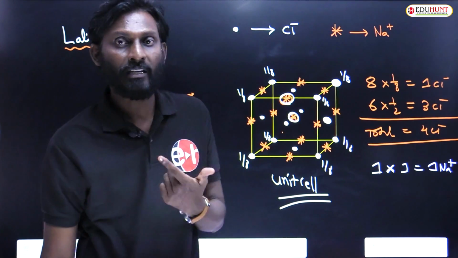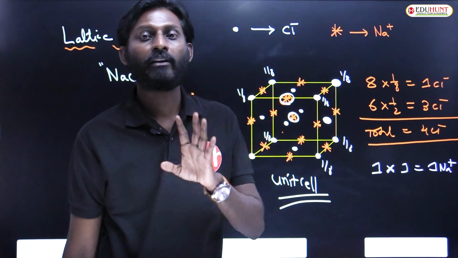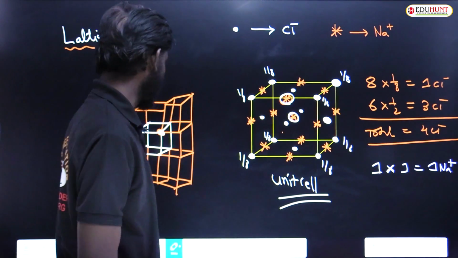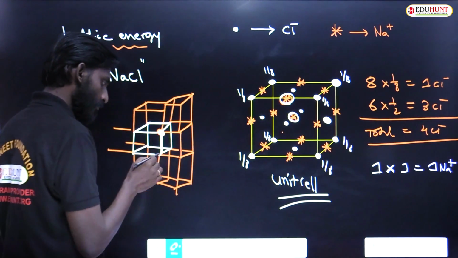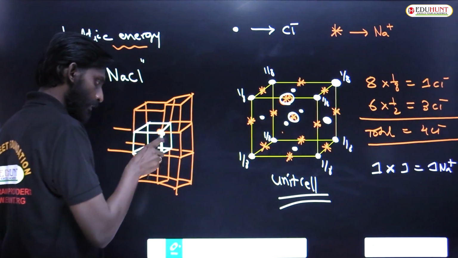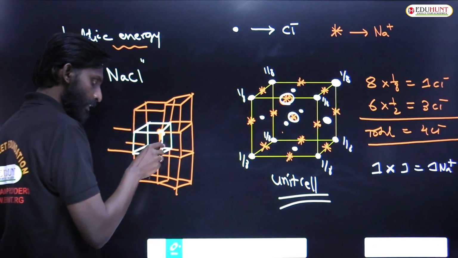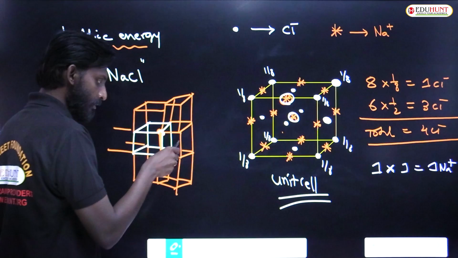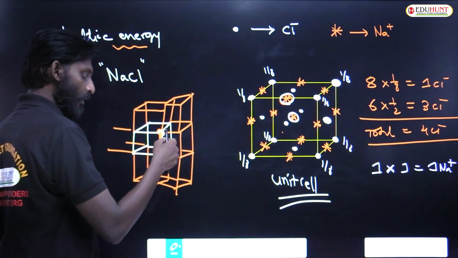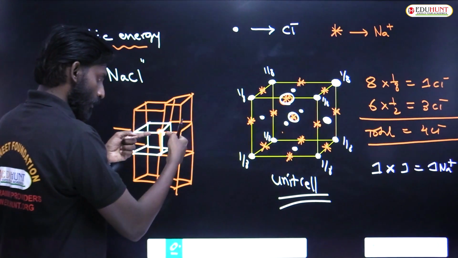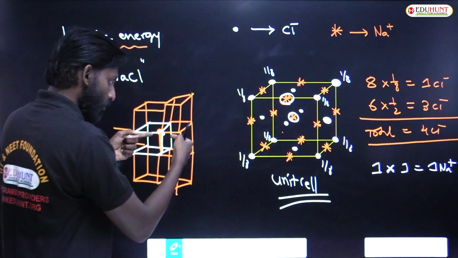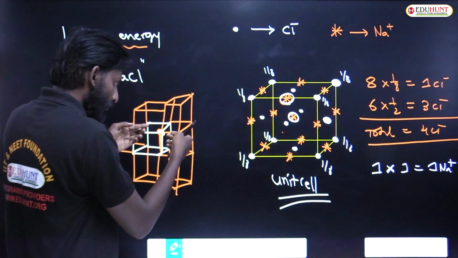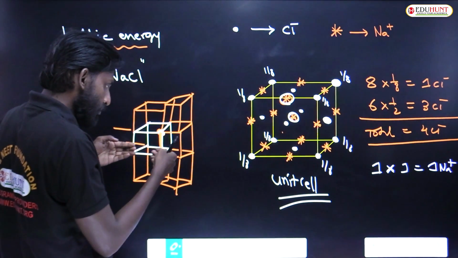See, an edge is shared by 4 unit cells. Imagine this edge, let's highlight this edge. This edge is shared by 4 unit cells: the unit cell to the right, the unit cell to the left, and there are 2 unit cells on the board, and if you move to this side, there are 2 unit cells.